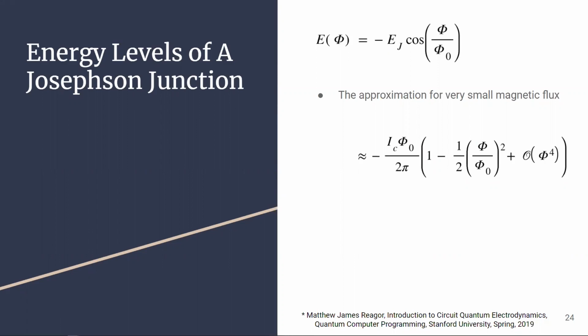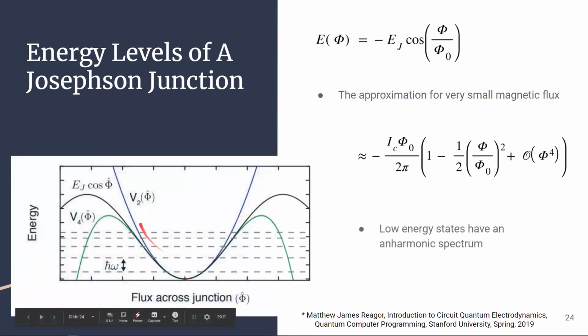So this is a constant term plus a squared term. Here we can see various approximations of this term. Since the magnetic flux is quantized, we will have energy levels here. But since this is a parabolic function, these energy levels will be in an anharmonic spectrum, similar to the energy levels of an atom rather than a harmonic oscillator.